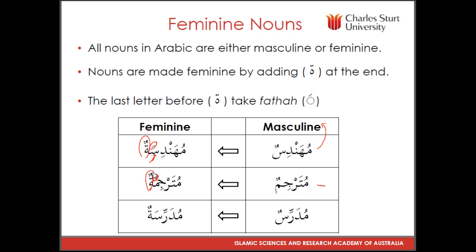Masculine to feminine. Generally, things are masculine. To make it feminine, we have to add ta at the end. This is the rule. But sometimes, as you can see in this example, there is no ta, but it is naturally feminine. For example, akhun is brother, sister is ukht.